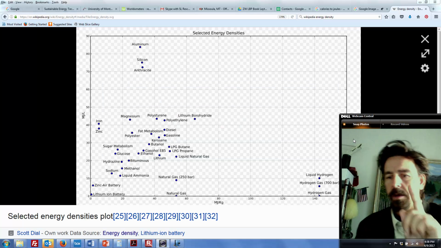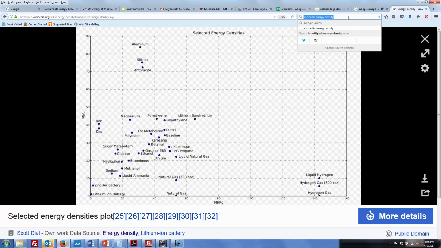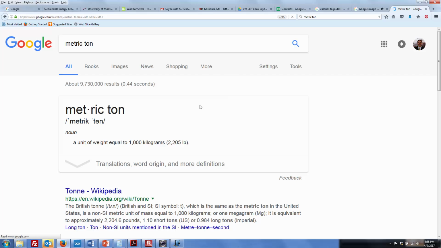So 1 metric ton, metric ton, 1,000 kilograms.